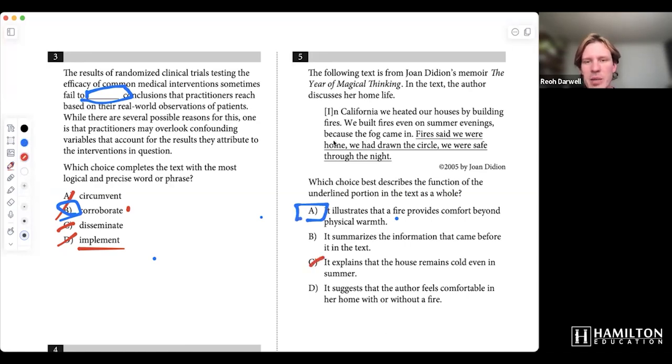C would be true if it asked about this here, but it asks about the other underlined part. This part is wrong for D, with or without a fire. Seems like she wants a fire. And then the information that came before it in the text, this isn't a summary whatsoever. It's clarifying what the role of fire was to Joan Didion in California. So that's how we arrived at A for question 5.